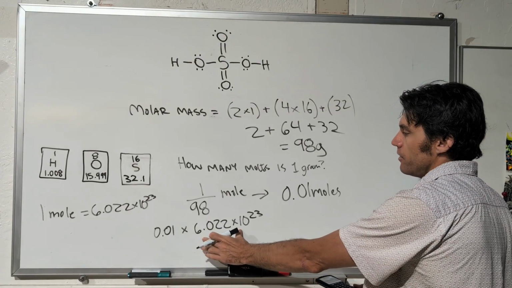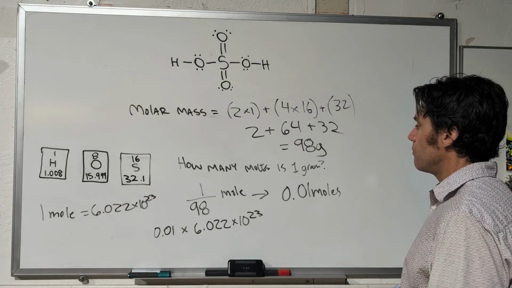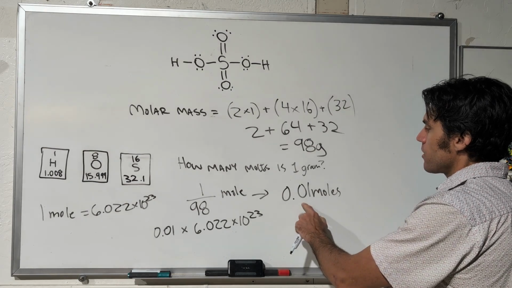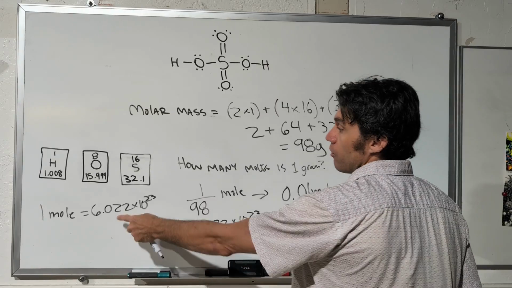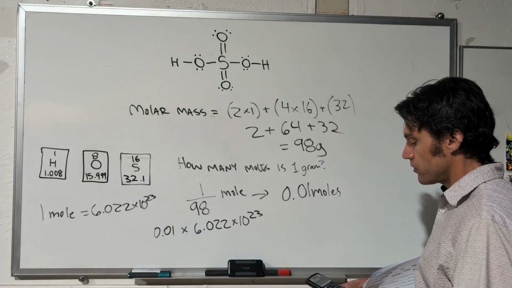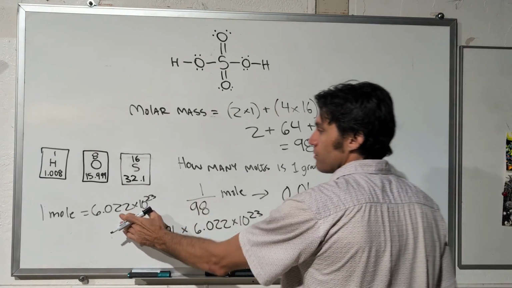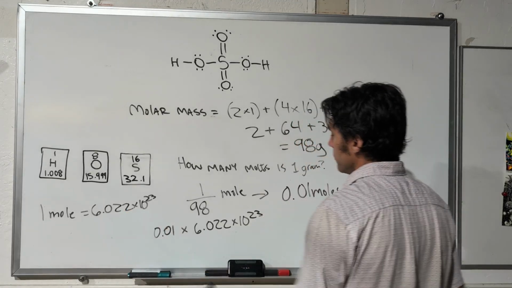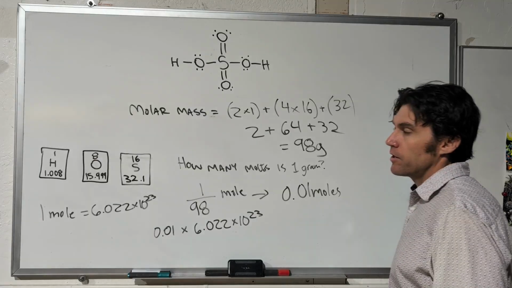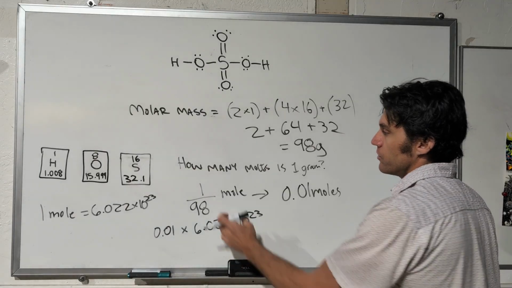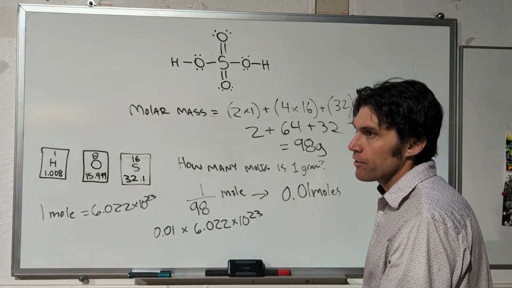Remember, when you're converting to molecules, you gotta multiply the amount of moles times how many molecules are in a mole. We have 0.01 moles, which is 1/98.